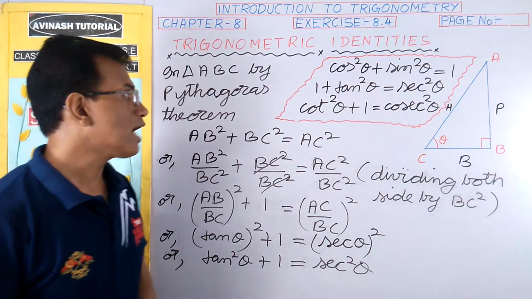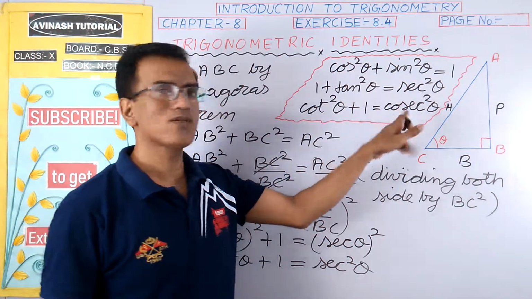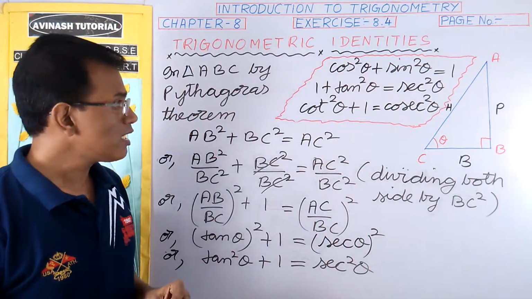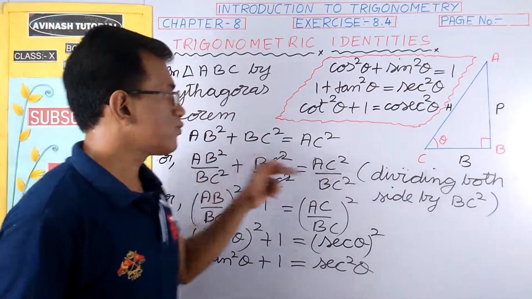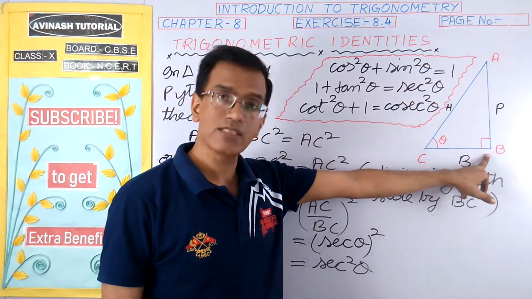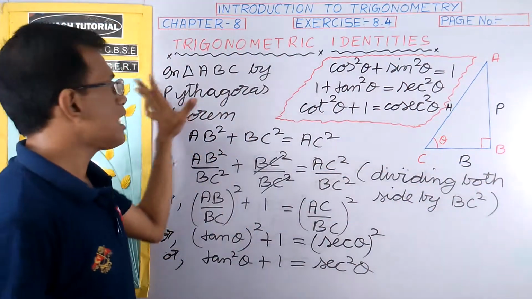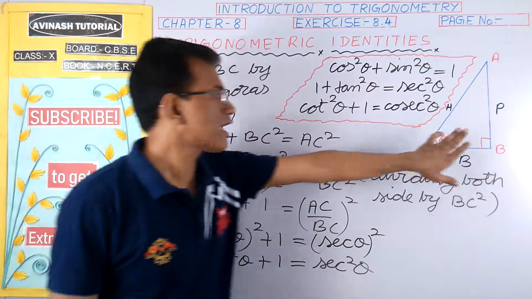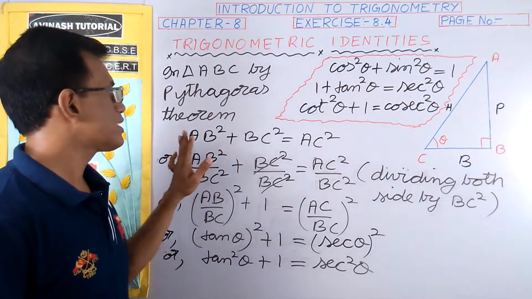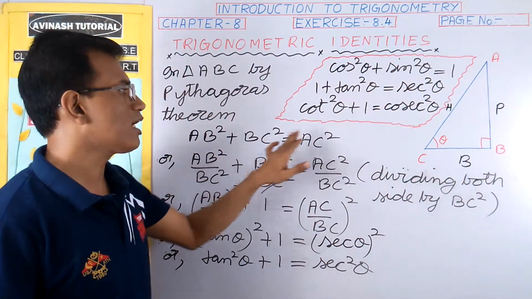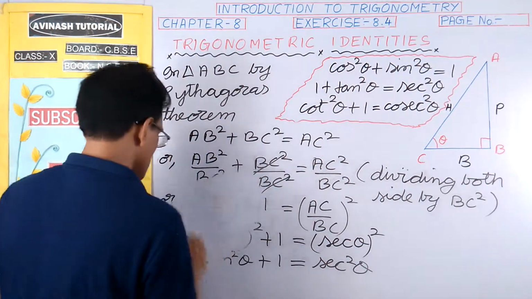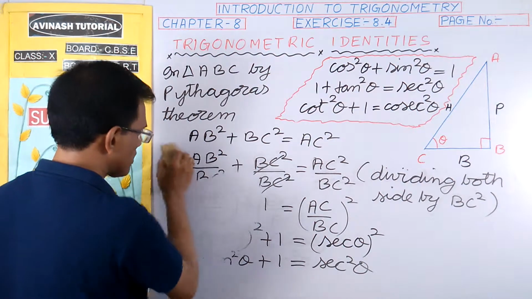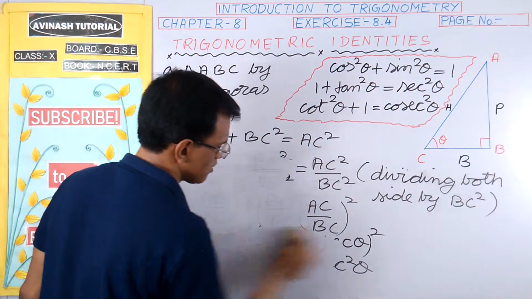Now let us see why cot square theta plus 1 is cosec square theta. Similarly, we will take this right triangle in which angle C is theta and angle B is 90 degrees. We will apply Pythagoras theorem to this triangle and we will get AB square plus BC square is equal to AC square. Now can you guess what we are going to do?